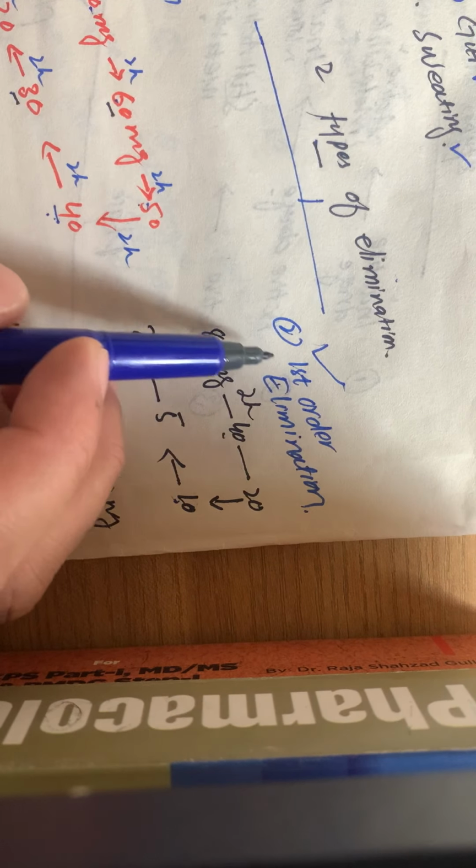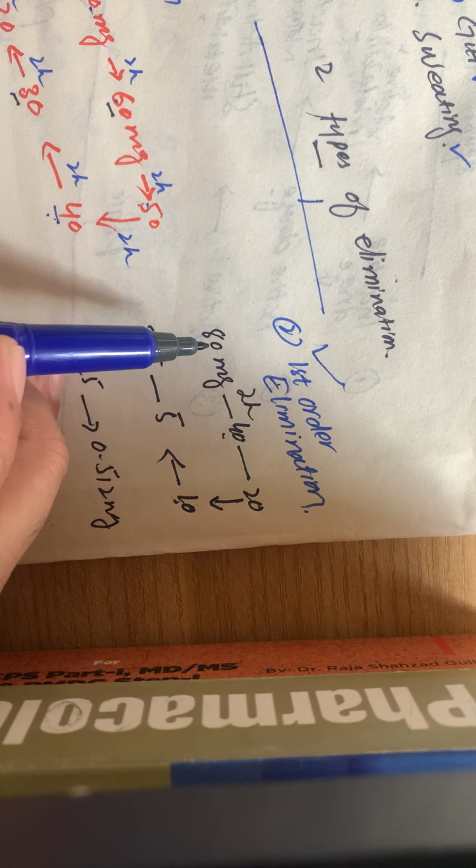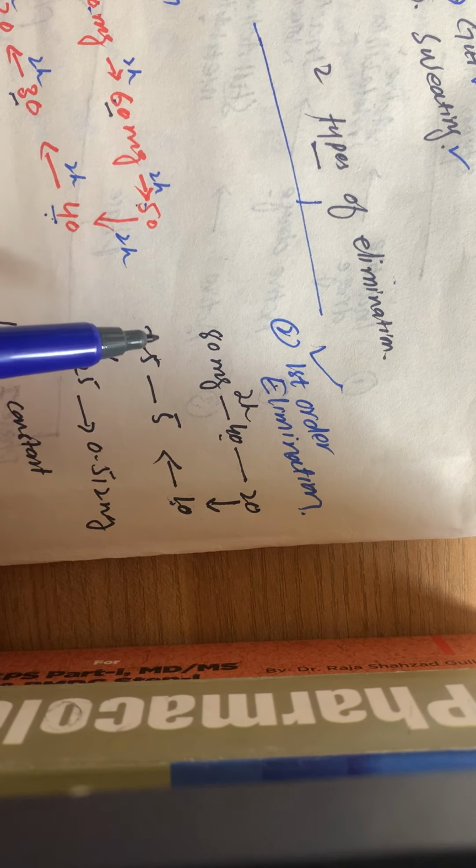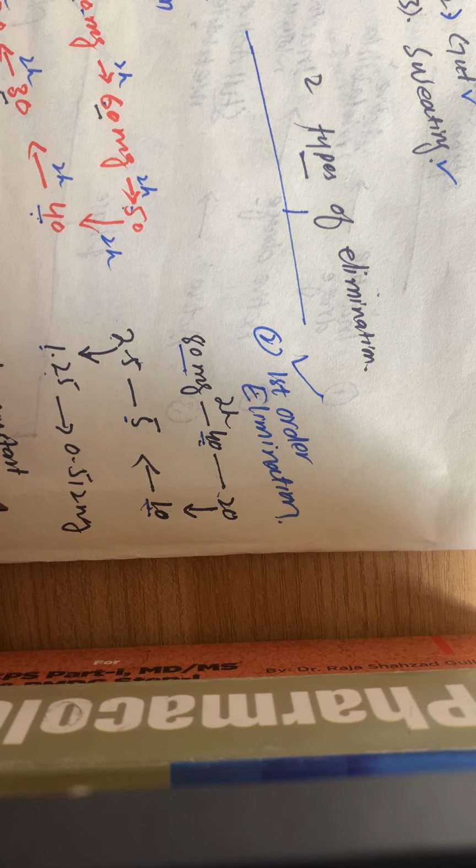And next is the first order elimination. In first order elimination, a constant fraction of a drug is eliminated per unit of time. So we have taken 80 mg of a drug, it becomes 40, and then 20, and from 20 it becomes 10 mg, and then 5, and then 2.5, and from 2.5 it becomes 1.25, and then 0.625 mg, right?